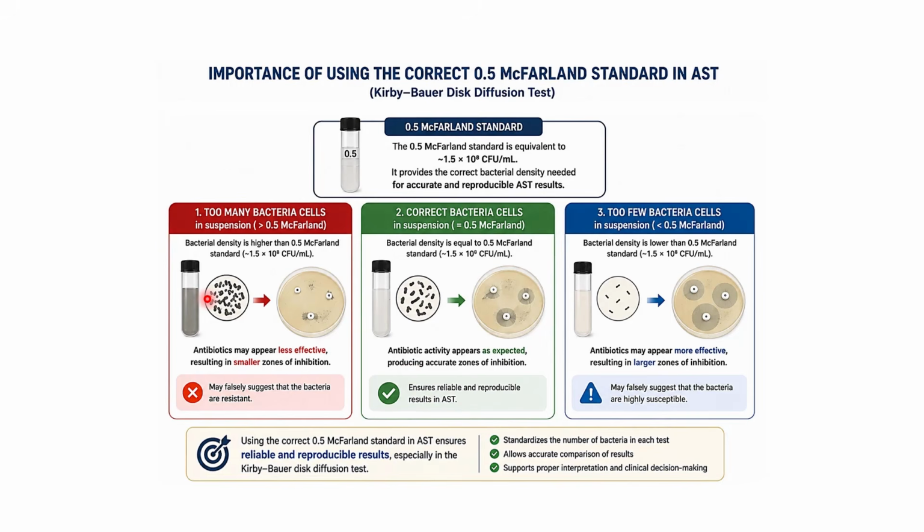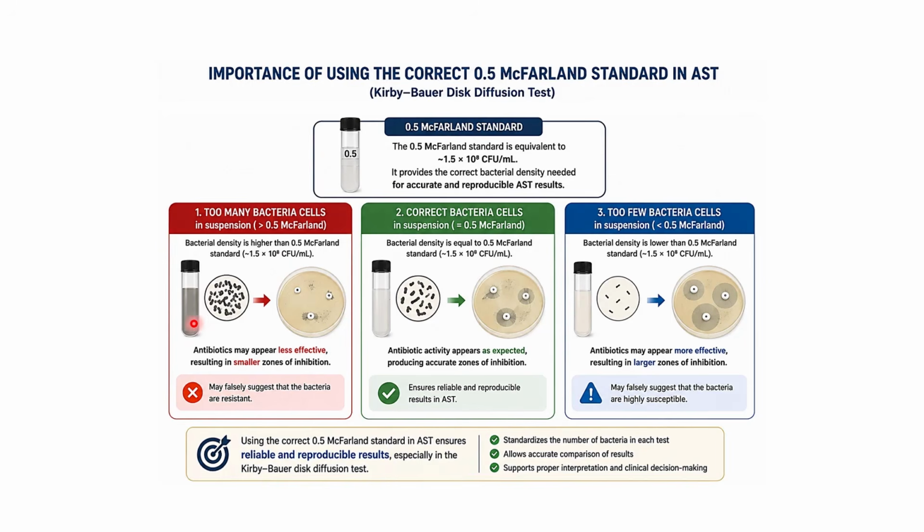So with the first scenario, where a bacterial suspension with higher turbidity than the 0.5 McFarland standard is used, it means that there are too many bacterial cells in this suspension, and as a result, the bacterial concentration is higher than the 0.5 McFarland standard, which has an approximate bacterial concentration of 1.5 times 10^8 CFU per ml.